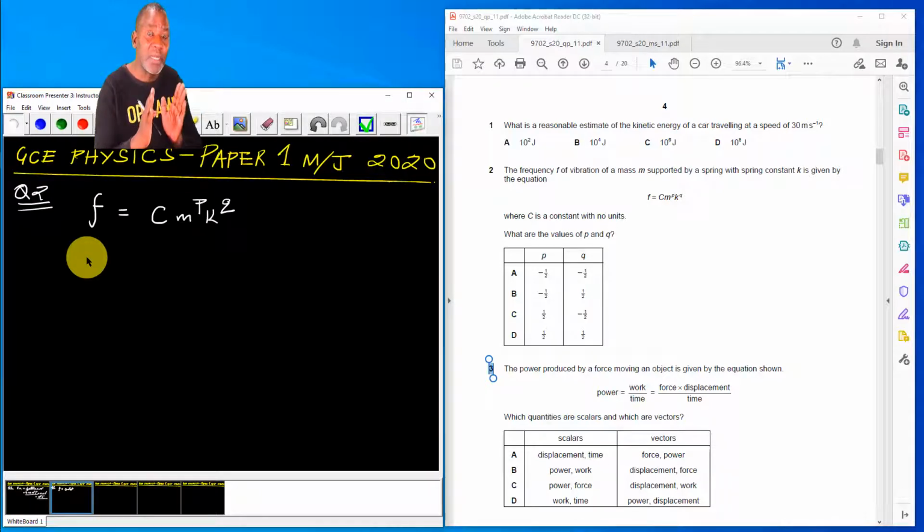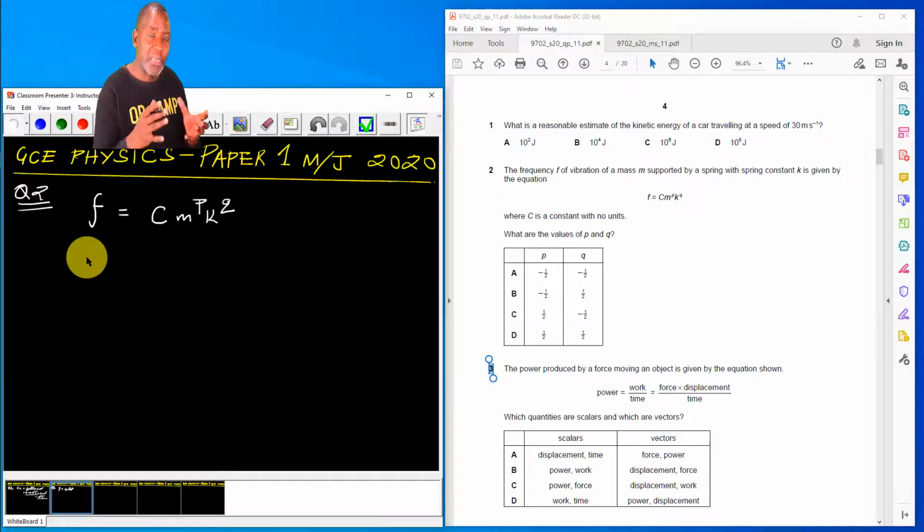And in fact, we are expected to define them. When it comes to defining units, we are talking about definition of named units. Many times you may find a question asking you to define the Newton, define the Pascal. They're talking about definition of named units.